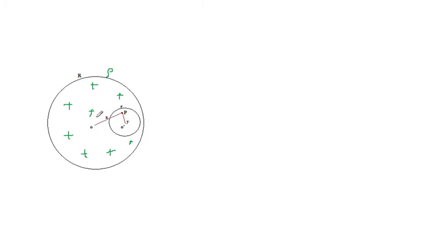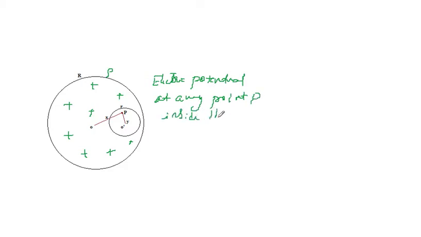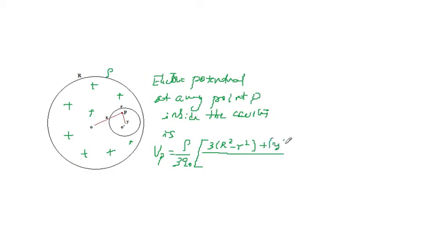In this situation, the electric potential at any point P inside the cavity is Vp equals rho divided by 3 epsilon O, and inside the bracket I must write 3 R square minus r square plus y square minus x square, divided by 2.